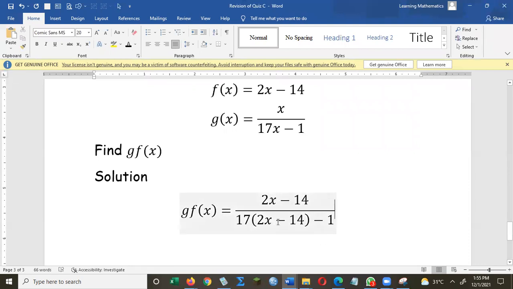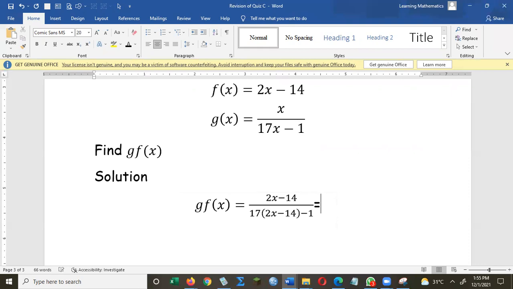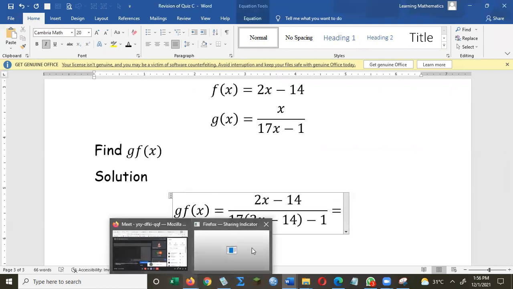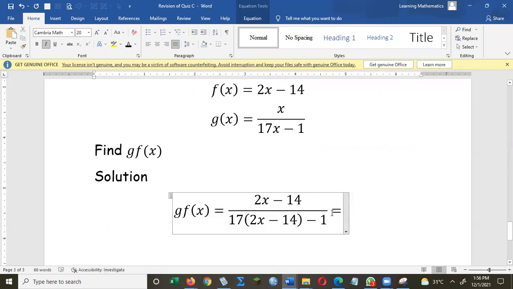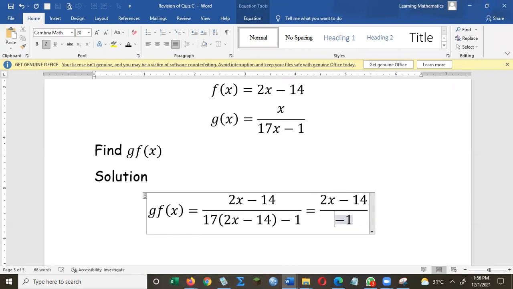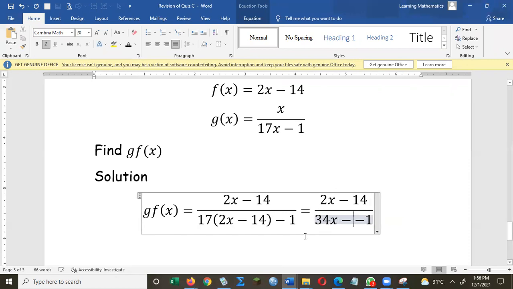So now the next step is to clear brackets and simplify. Let's do that one time. So our numerator stays the same. There's no brackets there, but what can I write below there? 7 times 2 is how much? 7 times -14 is -1.